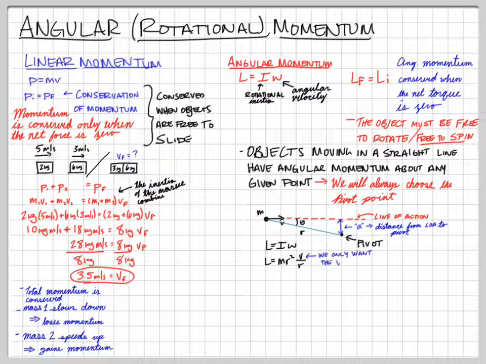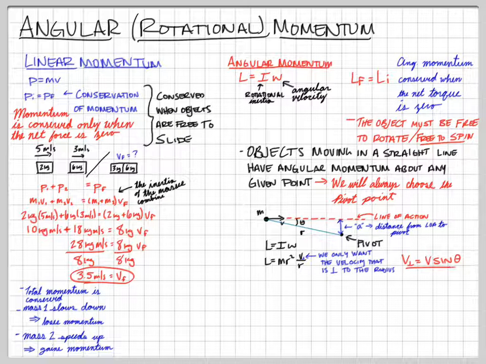When we're talking about angular quantities, and you may have to remember all the way back to the first video, only the perpendicular part of the velocity, only the velocity that is perpendicular to the radius, contributes to angular velocity. The part of the velocity that points along the radius doesn't matter to me. So when we're converting from velocity to angular velocity, all we care about is the perpendicular part of the velocity.